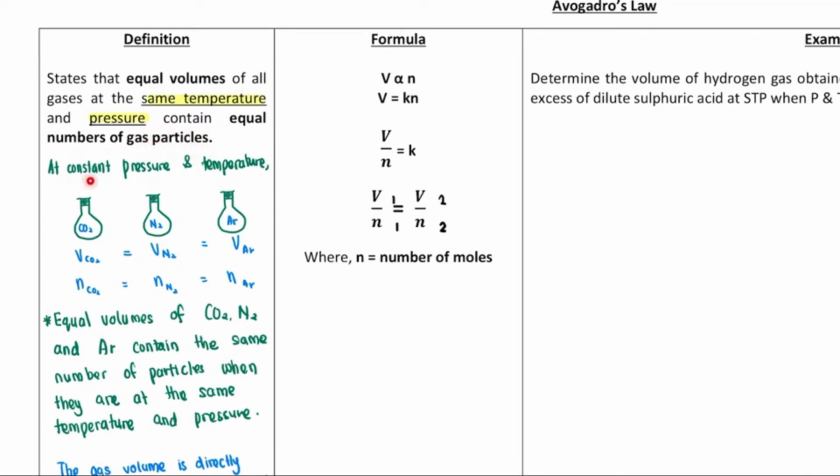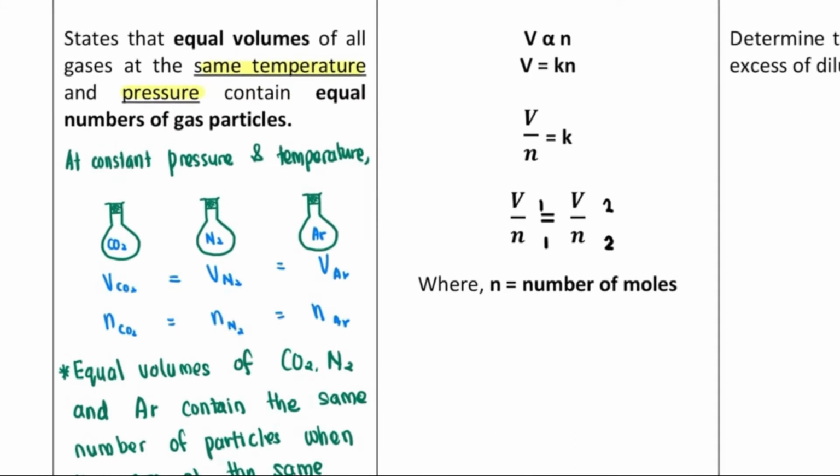So at constant pressure and temperature, ini contoh yang saya bagi. Ini adalah macam round bottom flask lah. Ada penutup, dalam ni ada gas, CO2, N2 and Ar, argon.